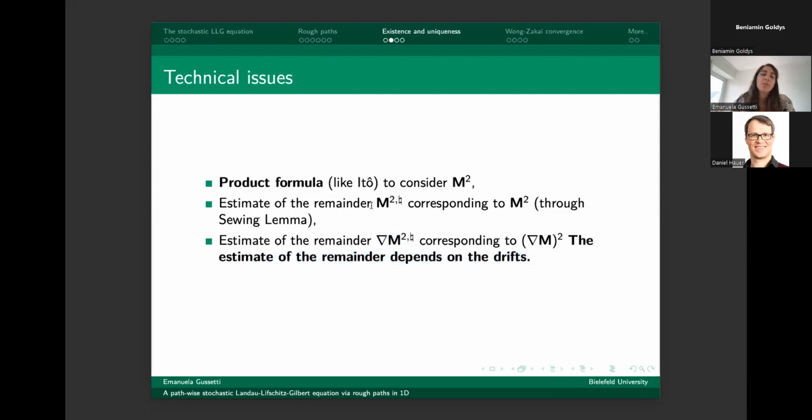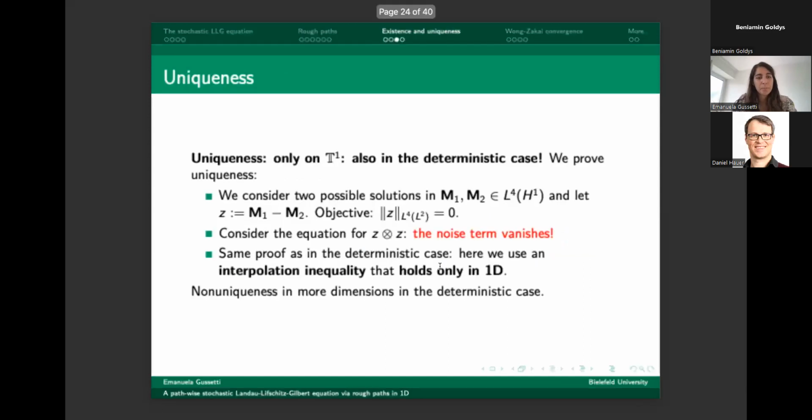Because as I said before, when we test the solution here, the noise is vanishing, so we are really in the deterministic setting. But in this case, the noise is not vanishing, so the remainder has to be estimated through the drift that is nonlinear. And so there are some difficulties there.